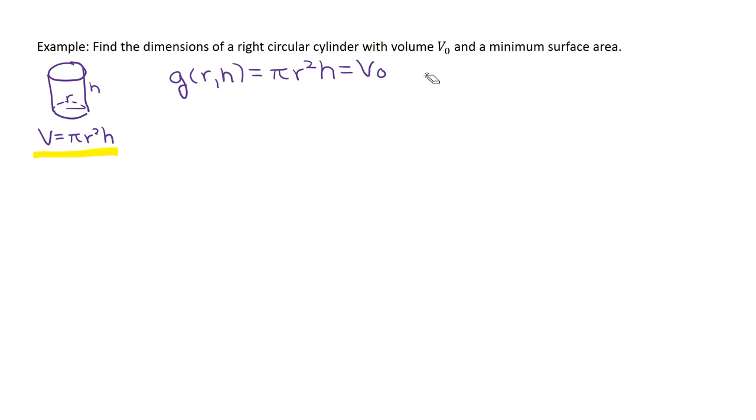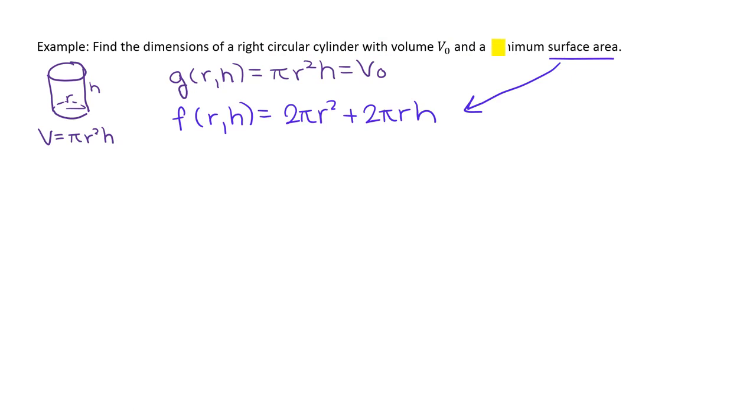So that means my constraint is pi r squared h equals V0. I'm just going to go ahead and call that function g. Again, the variables are r and h instead of x and y. So I'll write that as g of r and h equals pi r squared h. Okay, so there's the constraint.